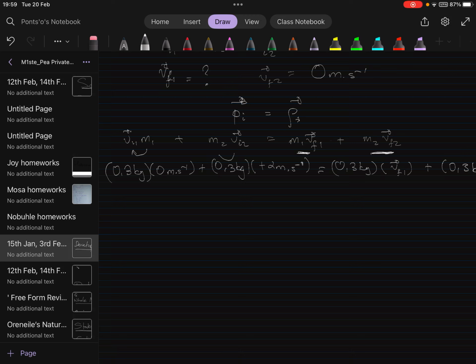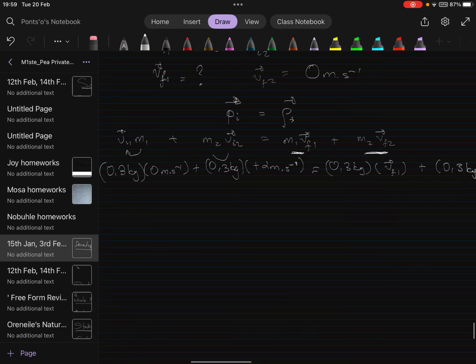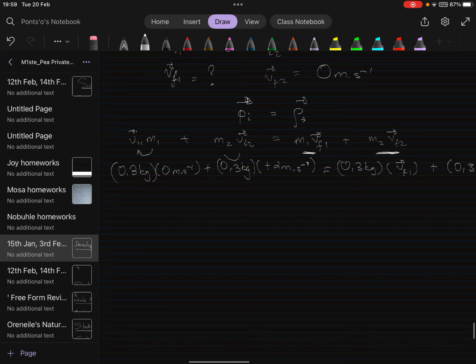Yeah, so we've got 15 minutes to finish off this sum and maybe have a closing off chat. So the first momentum is 0. The second momentum is 0.6 kilogram meters per second. It is 0.6, right?